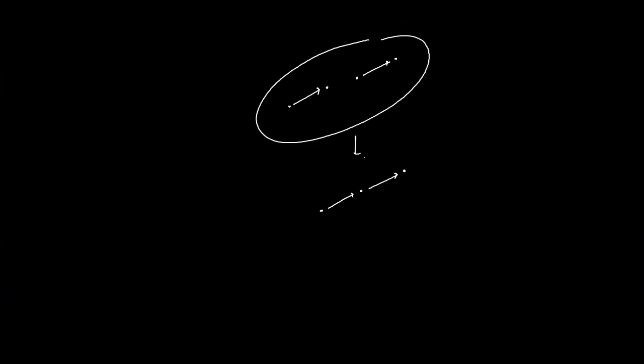So let's try something like this. If I stick these two together, then I will get this poset, right? So that's an example of a quotient map.